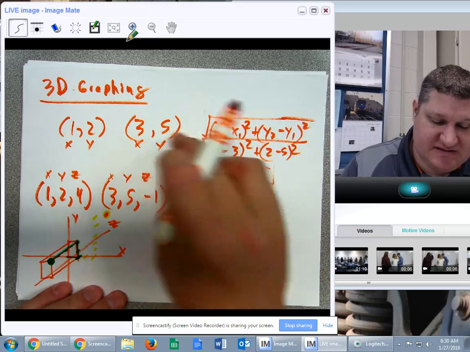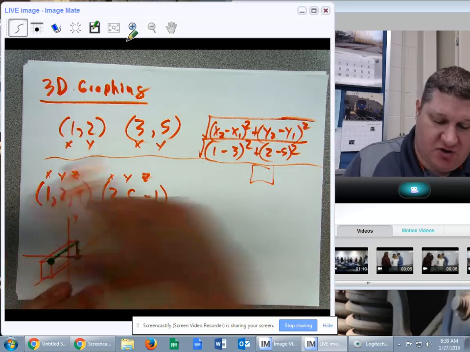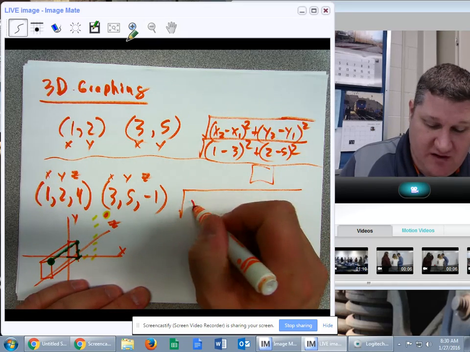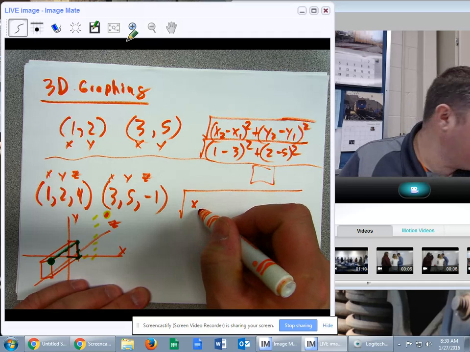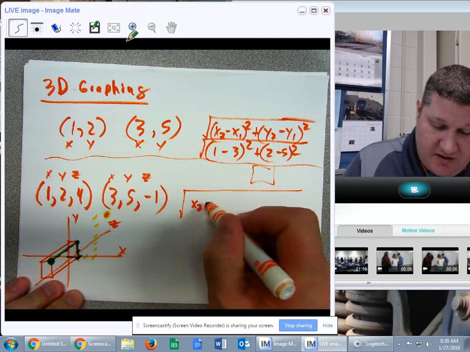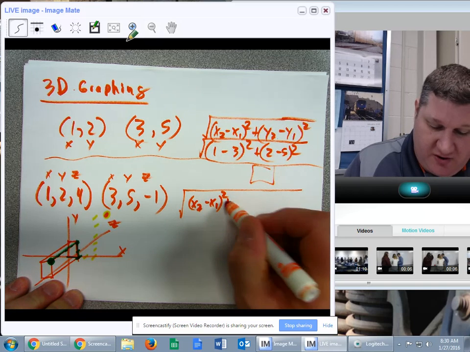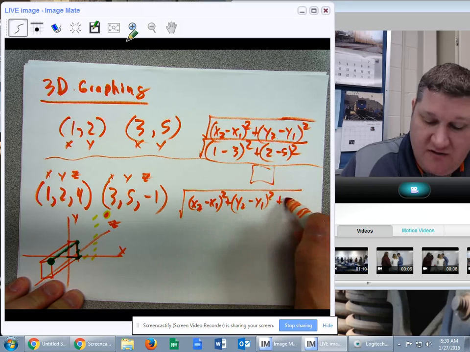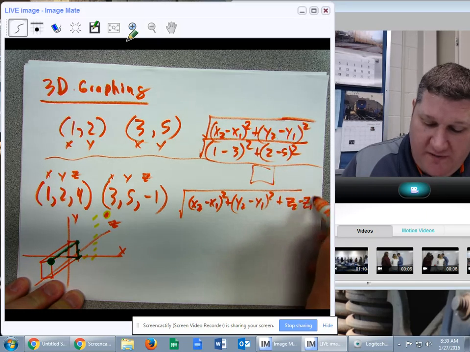But I can do distance in 2 dimensions. I can also do distance in 3 dimensions. All I have to do is add one of the variables. x2 minus x1 quantity squared plus y2 minus y1 quantity squared plus z2 minus z1 the quantity squared.